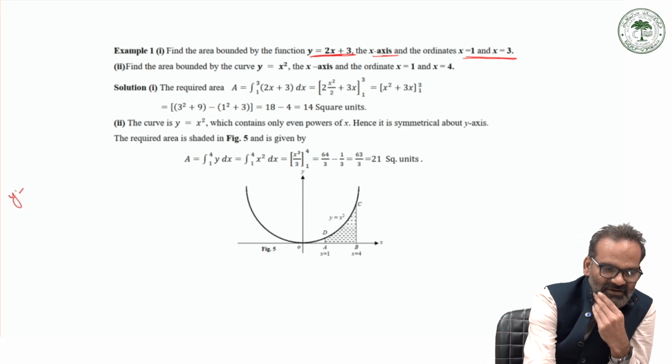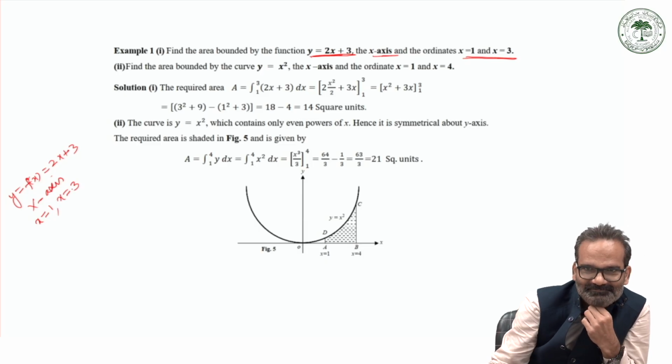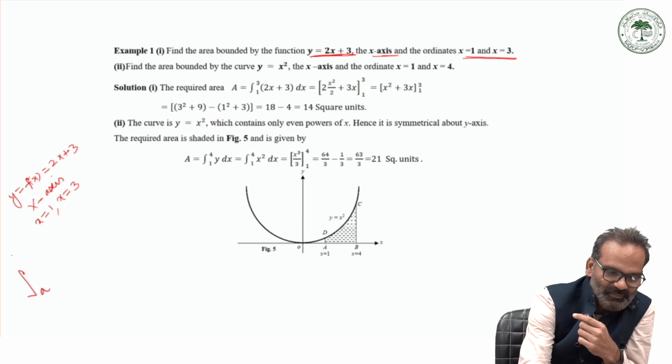y equals f(x). Here f(x) is 2x plus 3, right? This is your curve. The x-axis is also there, right? And the third thing is what? The ordinates x equals 1 and x equals 3. And you know what the formula is? The formula is the integral from a to b of y dx or f(x) dx, whatever you use.